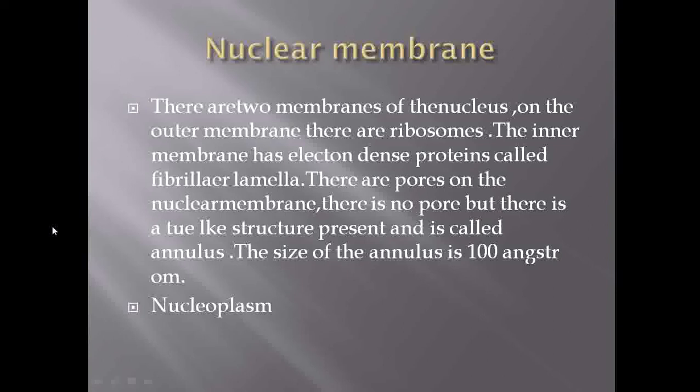But these are not exactly empty pores in the membrane; there is a tube like structure present, and that is called the annulus. We will discuss it in detail in the next video, but the size of the annulus is 100 angstrom units.